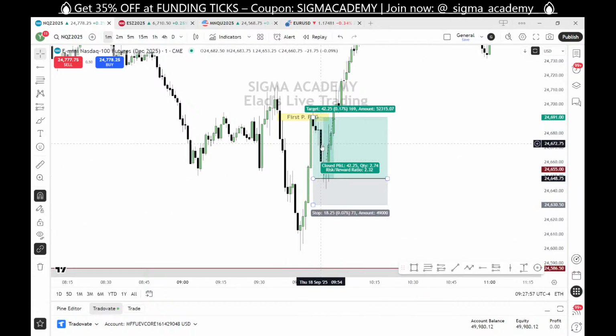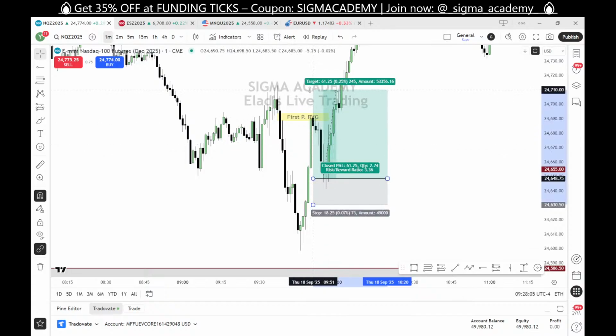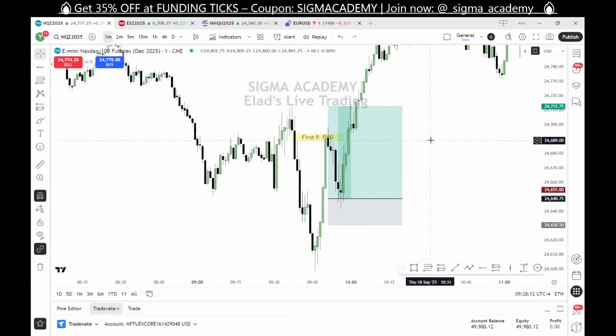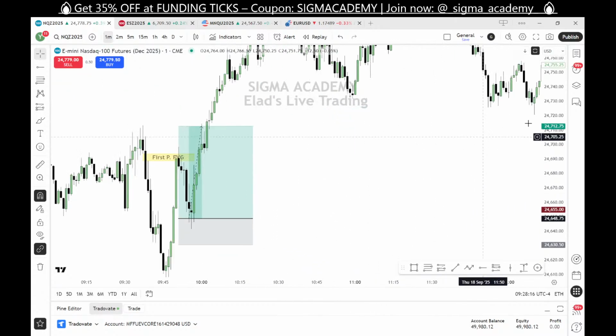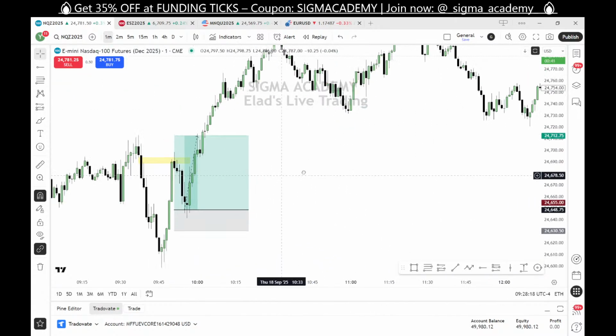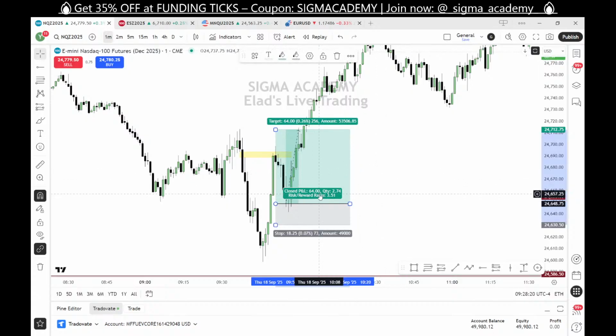In this area right here, we had a switch in the market structure, and I added one more size right here, and all my size was out in this area. Around 64 points with double the risk position. This is the last trade of yesterday.